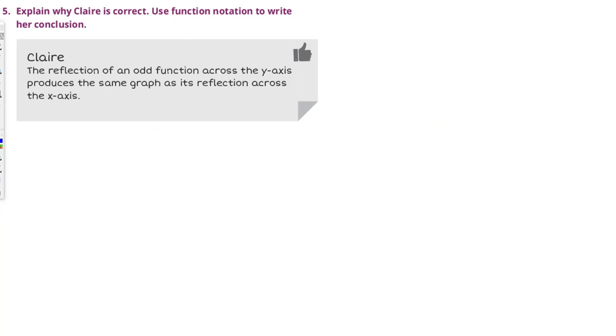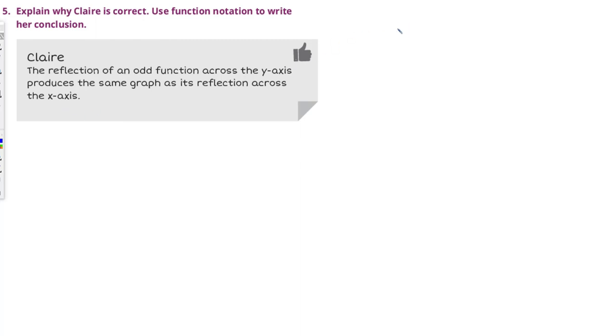Is Clara correct, or explain why Clara is correct. Use function notation to write her conclusion. So Clara says, the reflection of an odd function across the y-axis produces the same graph as a reflection across the x-axis. So let's look at it.